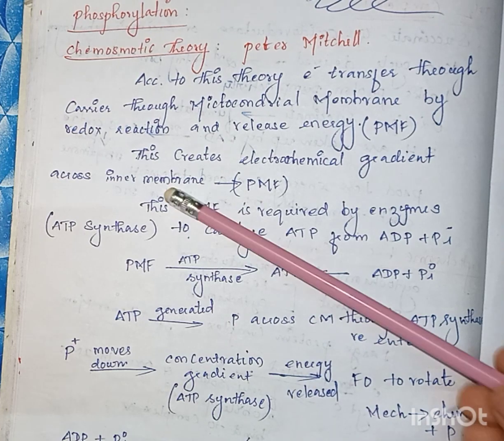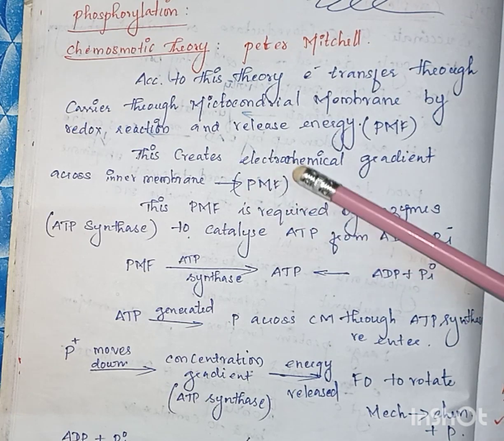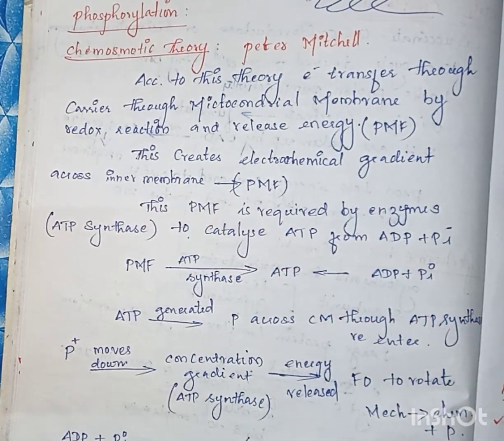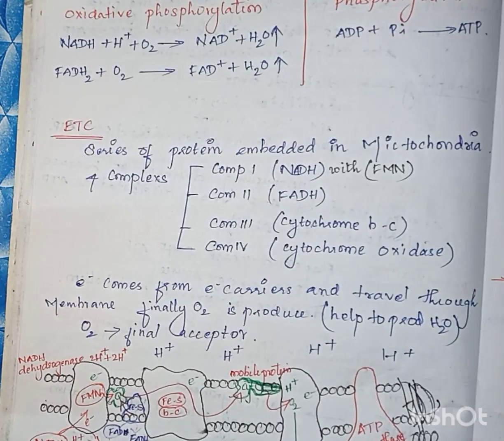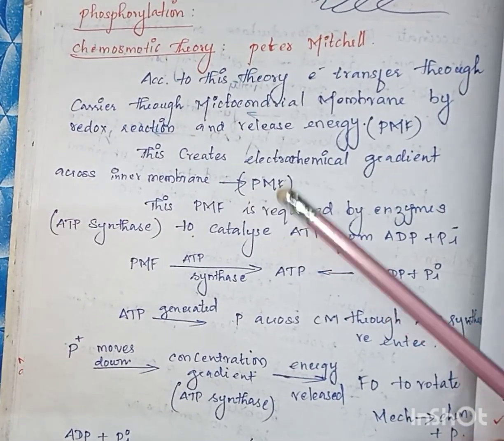So this creates an electrochemical gradient. This energy will create an electrochemical gradient across the inner membrane. So as I said, when the electrons are carried, it creates certain energy inside the membrane. That energy is called PMF, proton motive force.